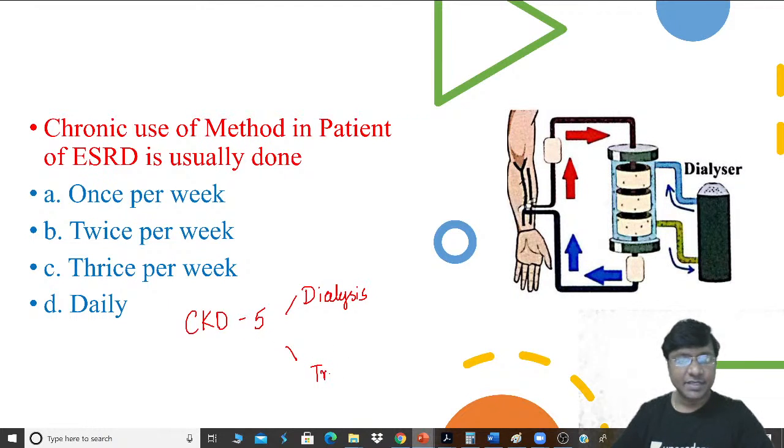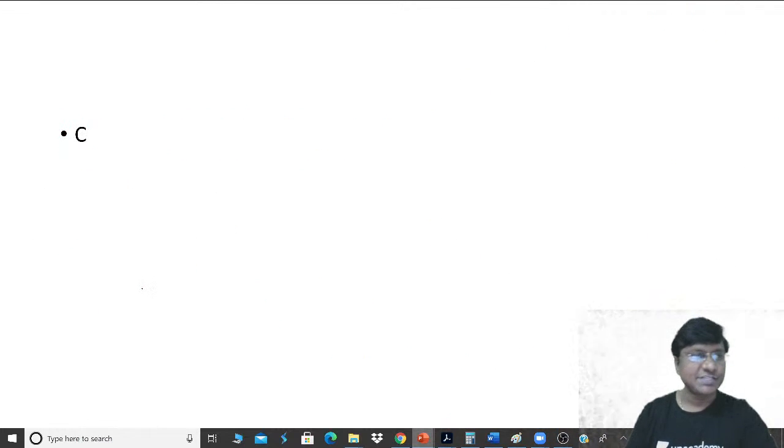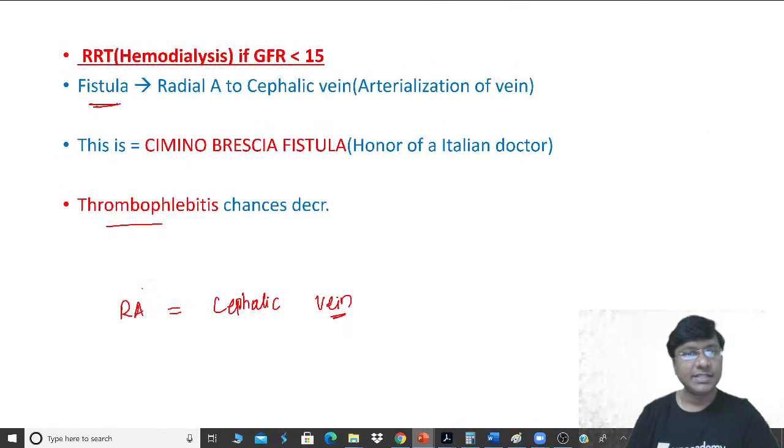CKD stage 5T is where the patient is undergoing transplantation. These patients with chronic renal failure have to undergo dialysis thrice per week, but not twice per week. So these are some of the questions on nephrology.